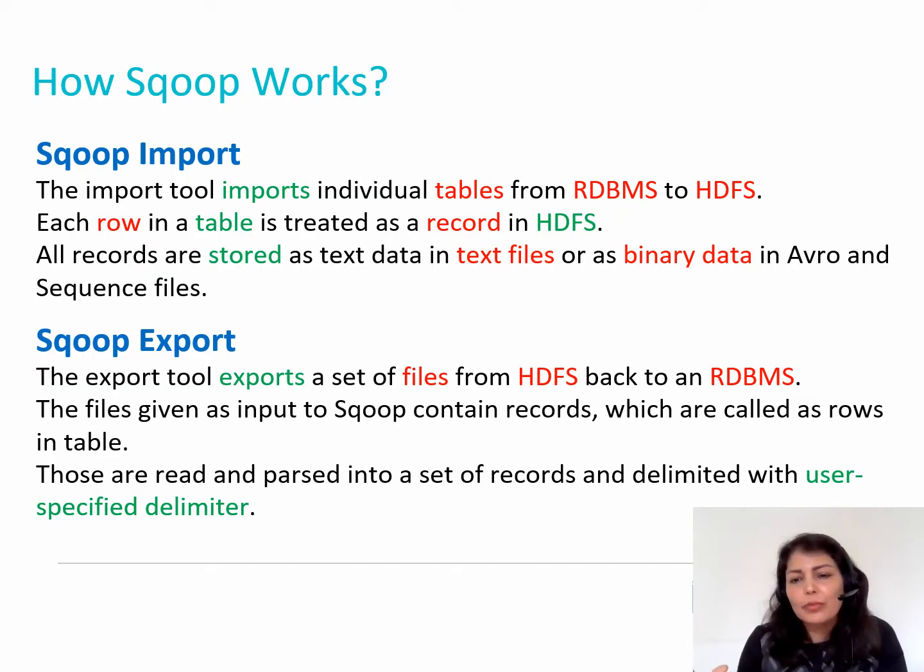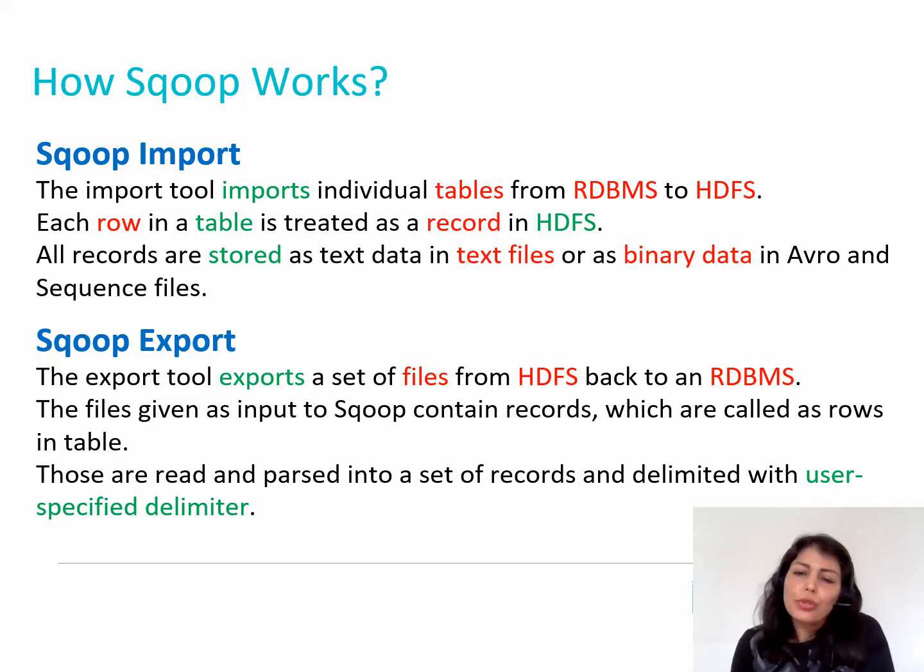We have data in the shape of files and records. So when the tool wants to export this data and bring it back to a traditional database, of course, records will be treated as a row, and we should have a table on the other side in the traditional database.